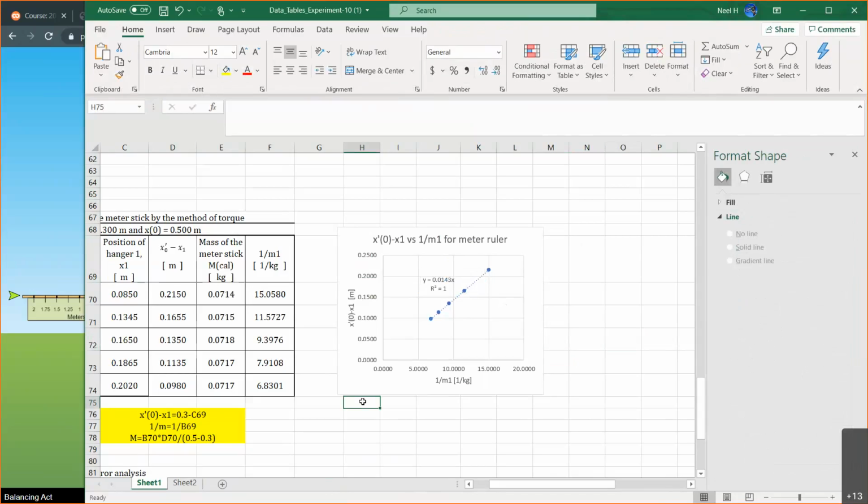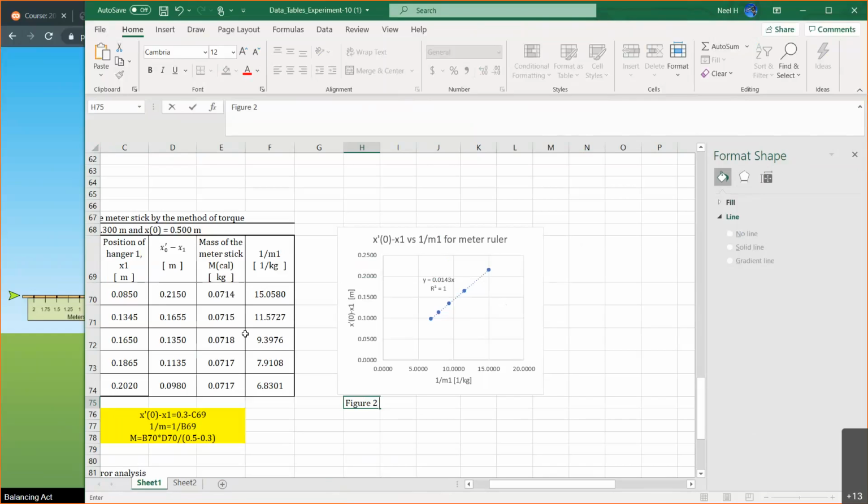If you have a figure, you have to rename it as a figure in your report, so it's better to name it here and then bring it there. This may then be figure 2, because one figure is going to go into your procedure section, right?